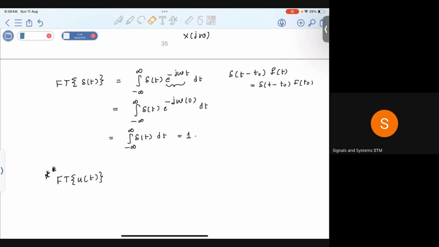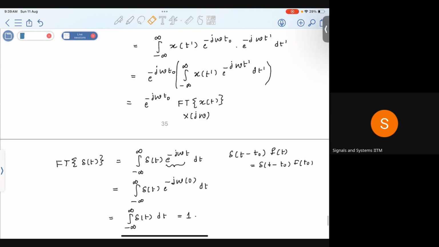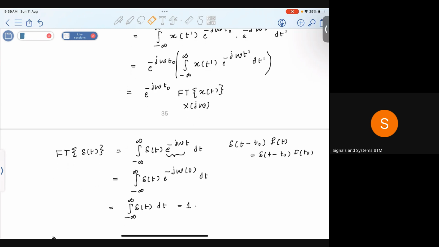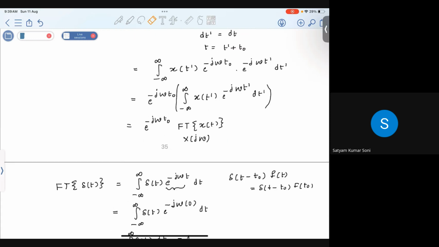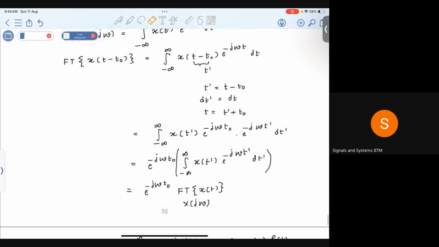This slide? Scroll. Okay. Where here you write x of t dash and e to the power minus j omega t dash and dt dash. Then how could you say that this is the Fourier transform of x of t?